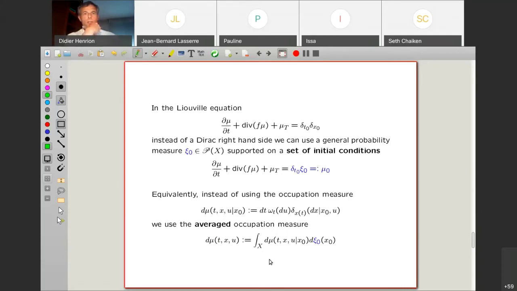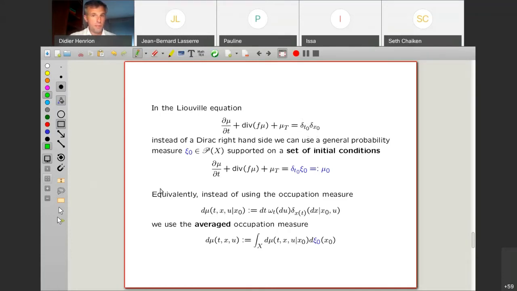However, you see that we just insist on the value of the value function at one point, given time t0, given initial condition x0. This meant that in the Liouville equation, we had the right-hand side concentrated at t0, x0.